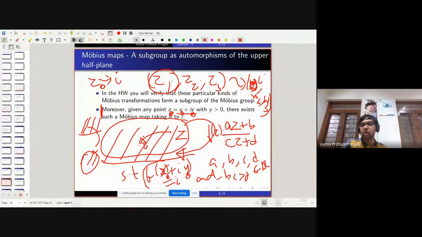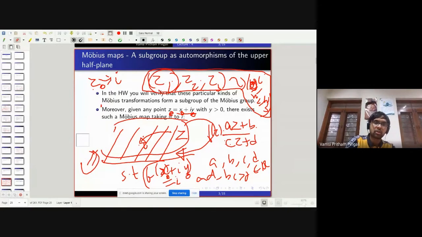In other words, we want a, b, c, and d to be real and for this to happen. That is not guaranteed by the previous result. I hope people appreciate this fact. So that's why this result is not trivial. It requires a proof.